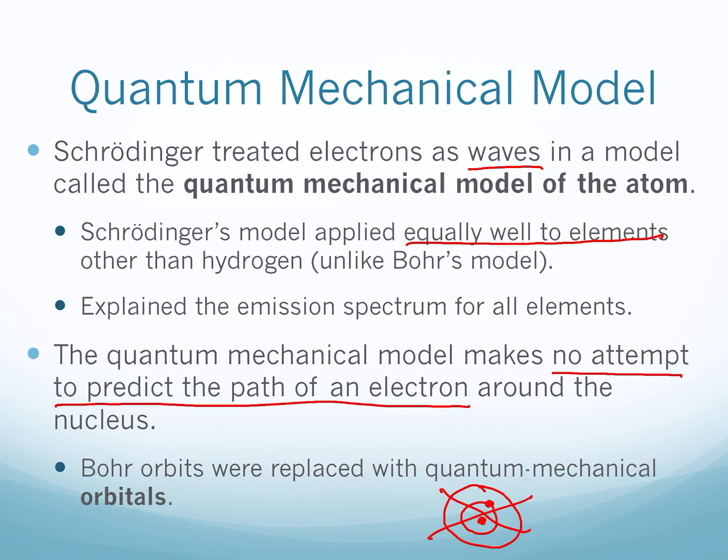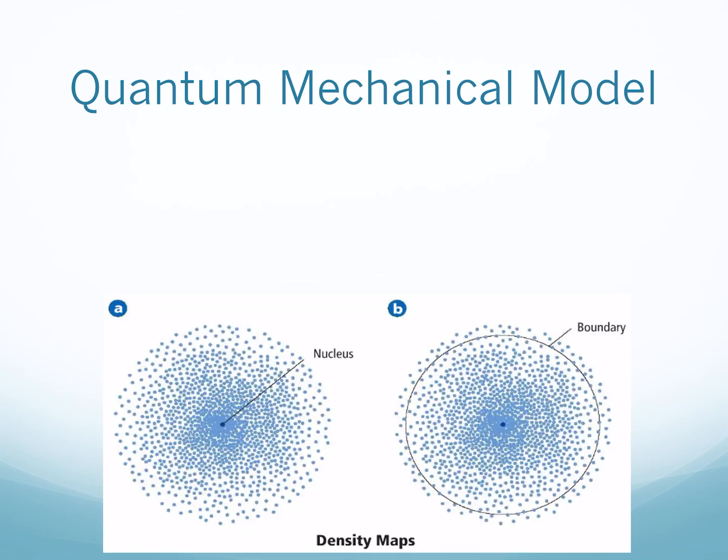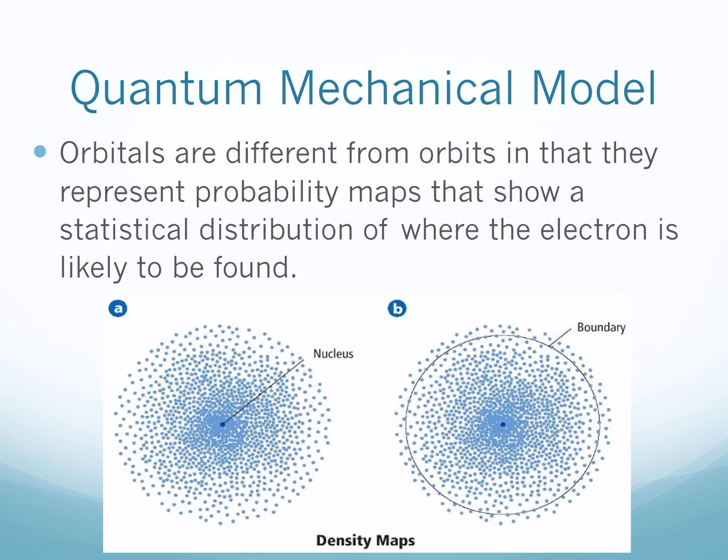Instead, the quantum mechanical model talks about areas where electrons might be, and we call these orbitals. Even though we use the term orbitals to describe things in the Bohr model, the term actually came from this quantum mechanical model. We just use them interchangeably now because we know more about what the electrons are doing. So orbitals are different from those orbits. These we're going to call orbitals, and the orbits are from the Bohr model.